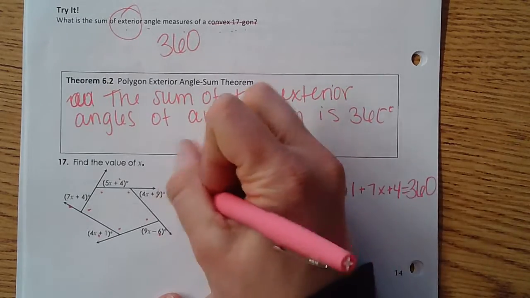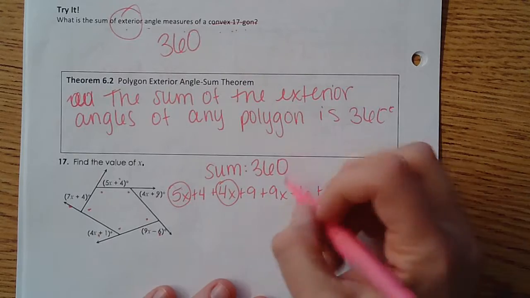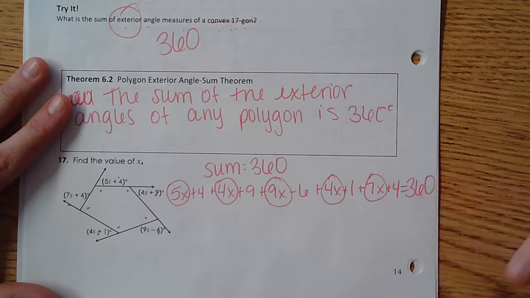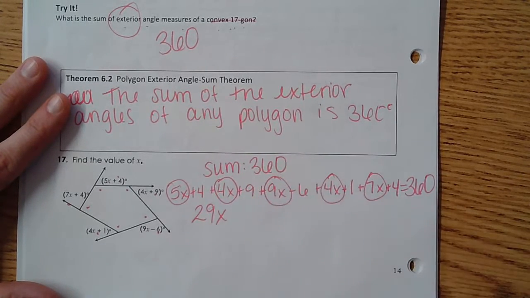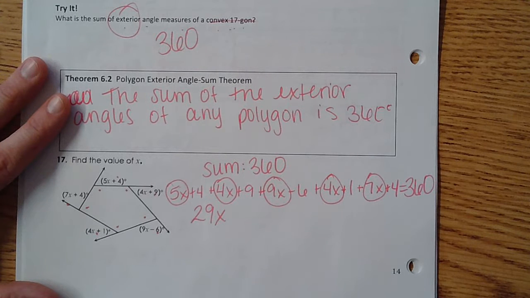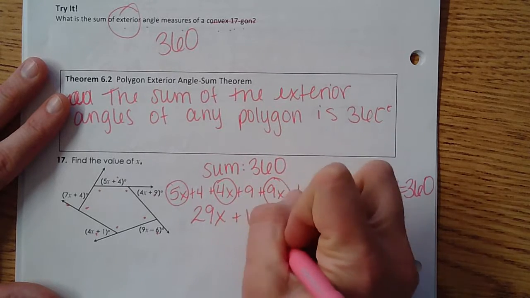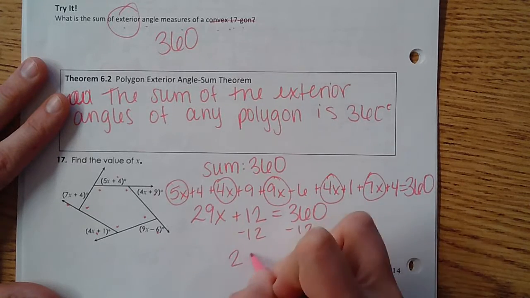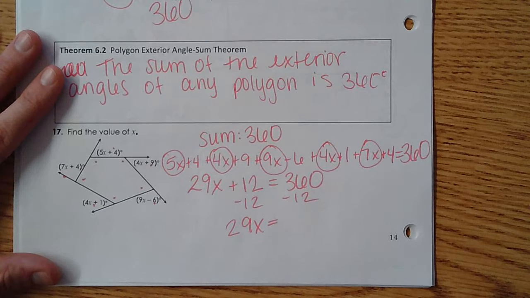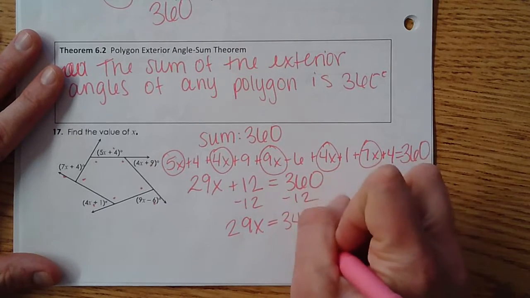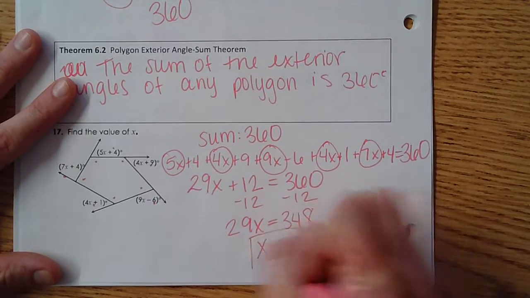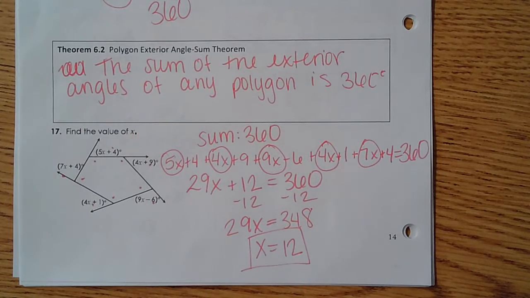And now we solve. 5x and 4x is 9x plus another 9x is 18x, 22x, 29x. Then we have 4 plus 9 minus 6 plus 1 plus 4. It's a positive 12. 29x plus 12 equals 360. 29x equals 348. Divide by 29. X is equal to 12. And that's all they wanted us to find, so we are done there.